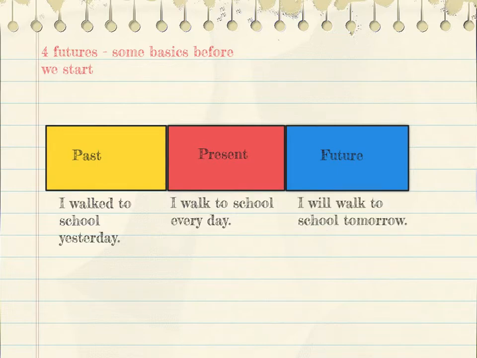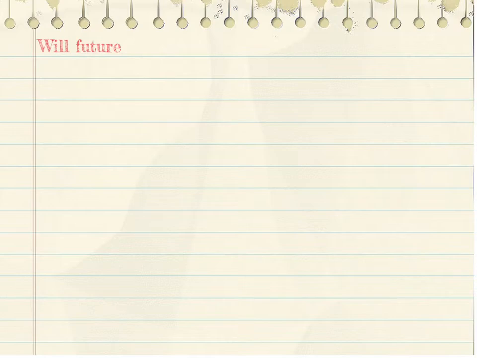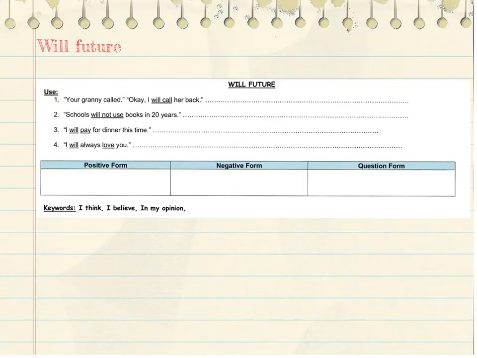The next part of this video is then going to focus on our first future form, which is the will future. So we're going to start with the will future, where I'm going to take you through certain rules and guidelines on how to use it. So let's have a look at situation number 1.